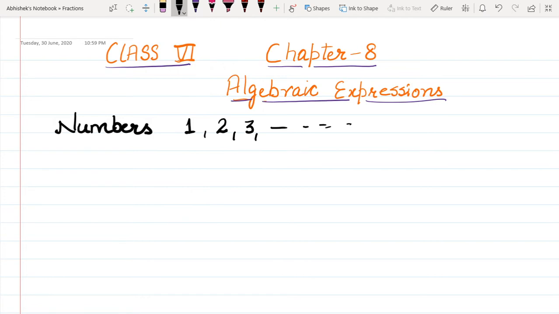Algebra is putting real life problems into equations. So let us look at some real life examples to get an idea about what algebraic expressions are and why we need them.